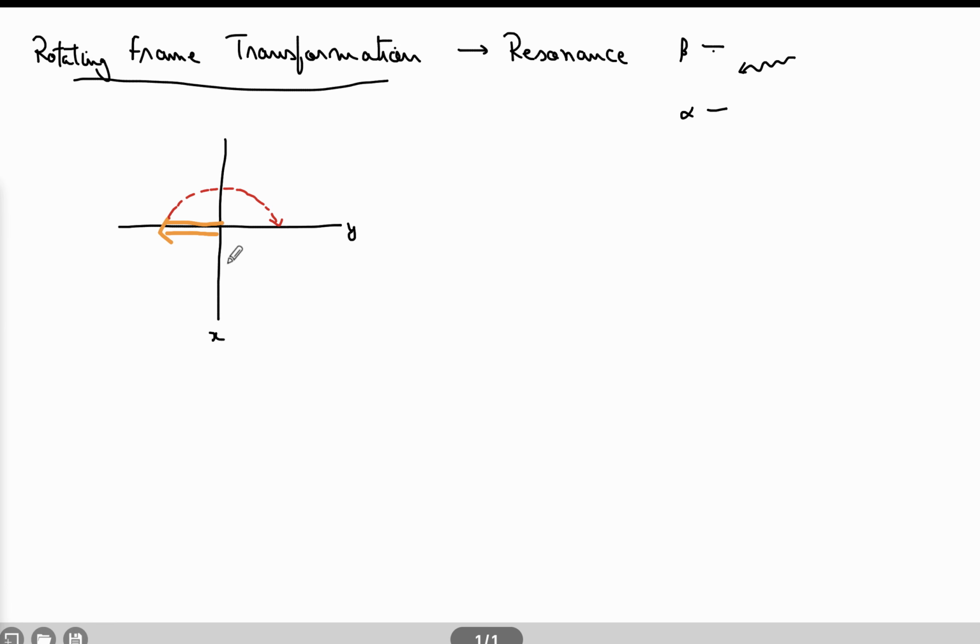Now if there is no transverse relaxation, as we discussed, no spin relaxation, then the magnetization M will keep on rotating in this plane forever. But as it turns out, dephasing or coherence loss happens over time, and the picture does not look like a simple rotation.